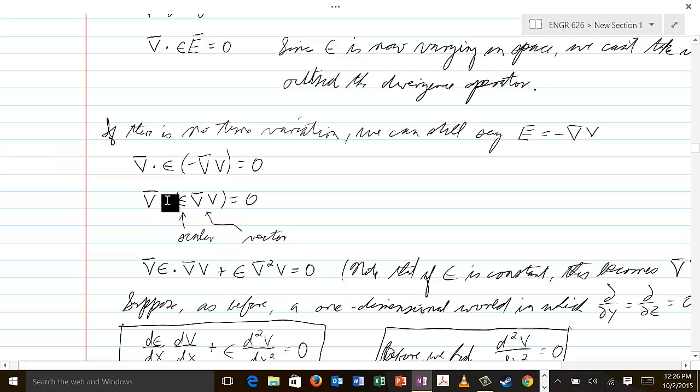And the divergence of the gradient of V, that's del dot grad V, is equal to del squared V. So when we operate on this scalar times this vector with the divergence operator, this is what we get on the left hand side, and this is equal to 0.